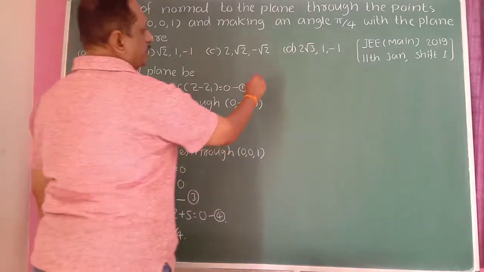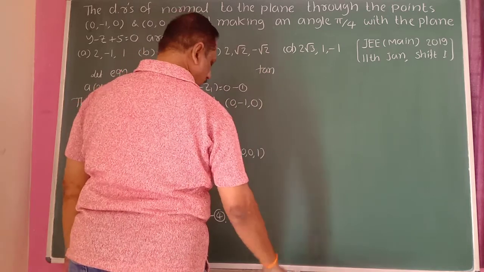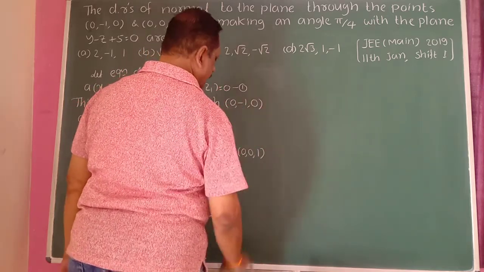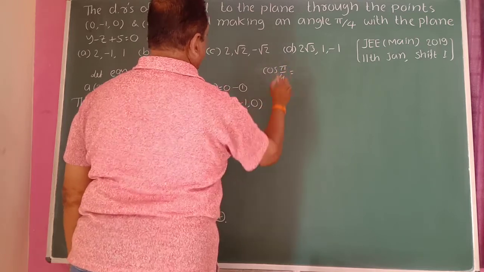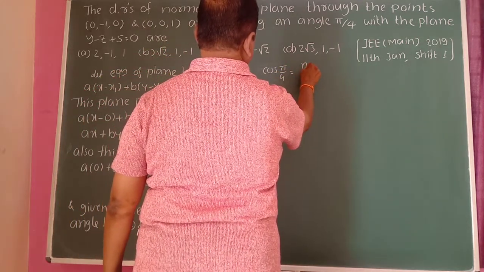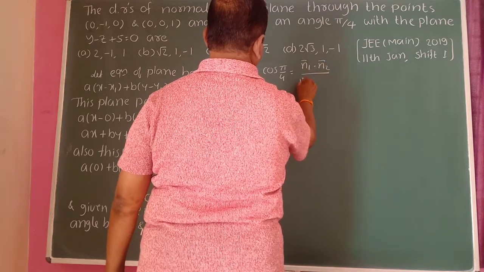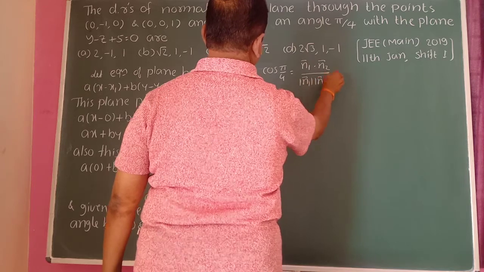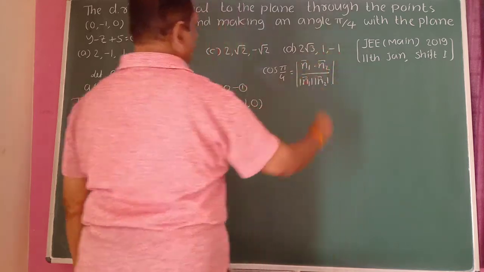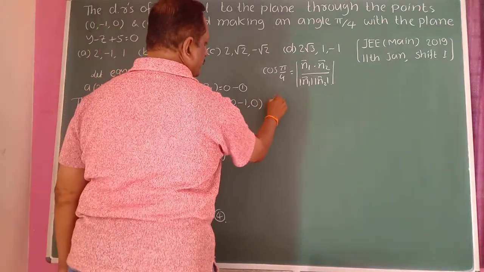Therefore, the formula is cos of pi by 4 is equal to n1 dot n2 divided by modulus of n1 bar into modulus of n2 bar. Cos pi by 4 is 1 by root 2.